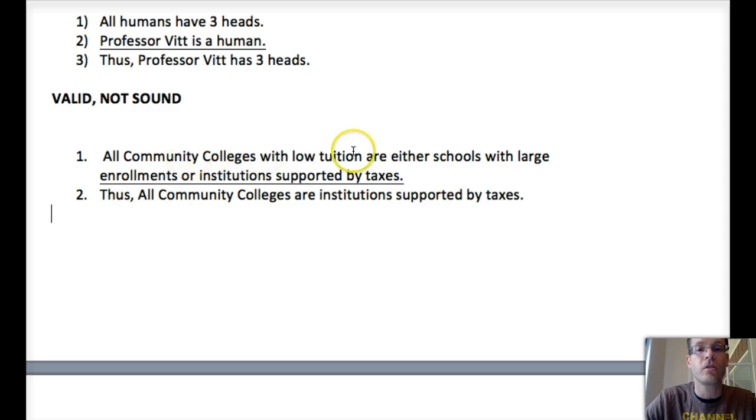In other words, all community colleges with low tuitions are either schools with large enrollments or they're institutions supported by taxes. But it doesn't follow that all community colleges are supported by taxes, right? Because it says here that they are either supported by taxes or they have large enrollments. So it could be that there's this other option lurking out there. So this argument is not valid.